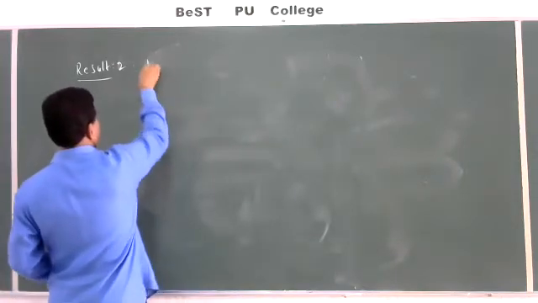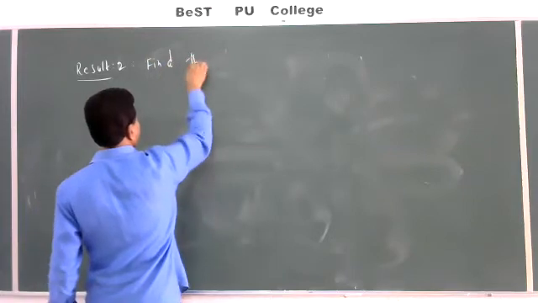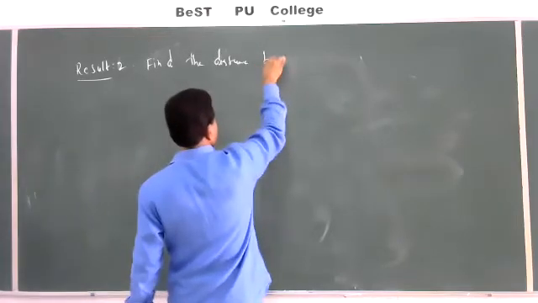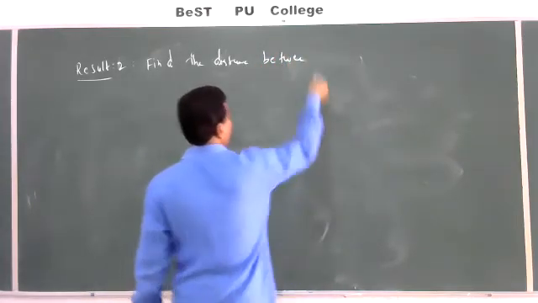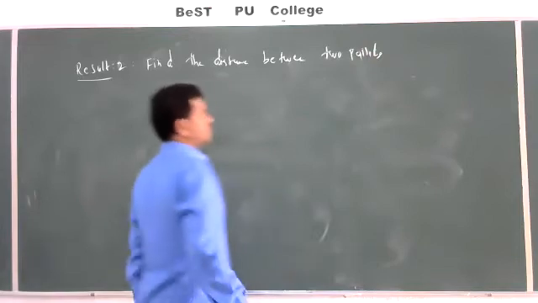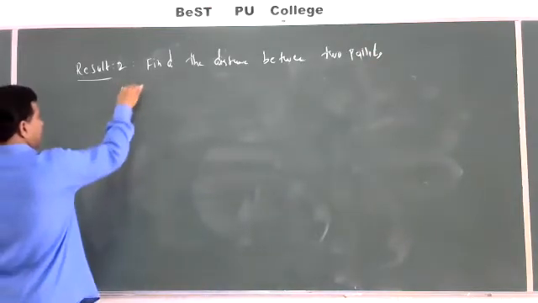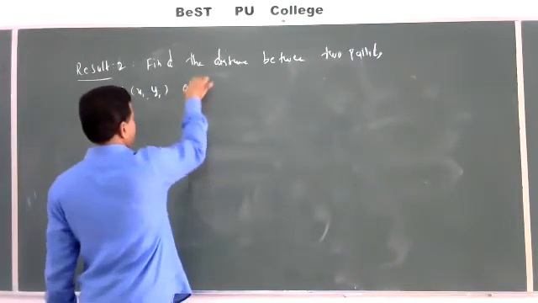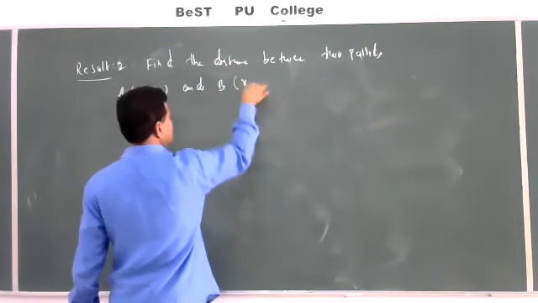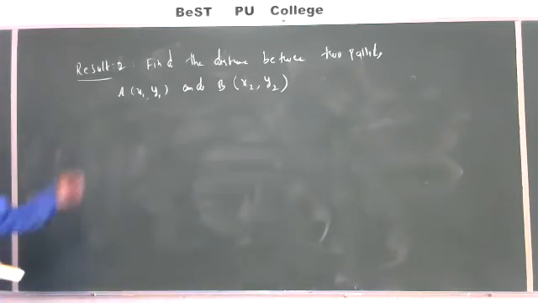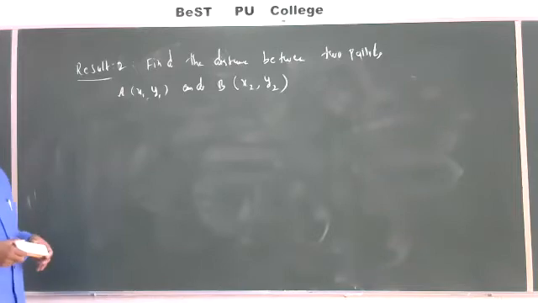Now, find the distance between 2 points A(x1, y1) and B(x2, y2).